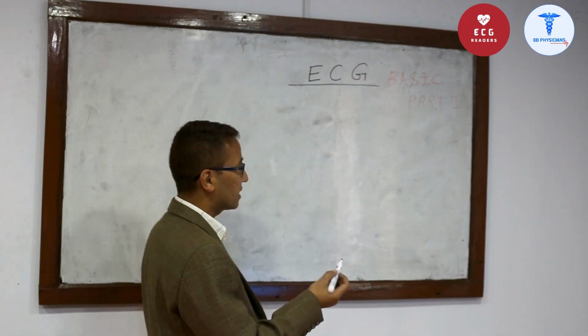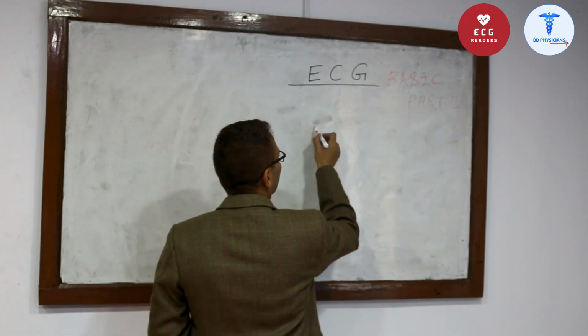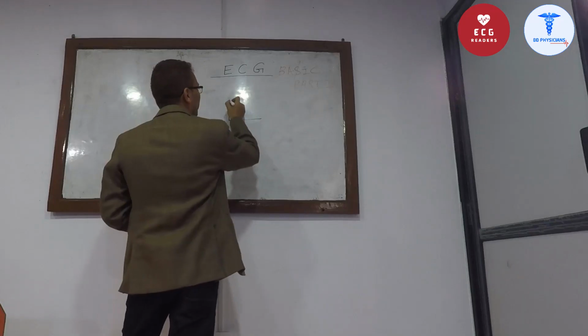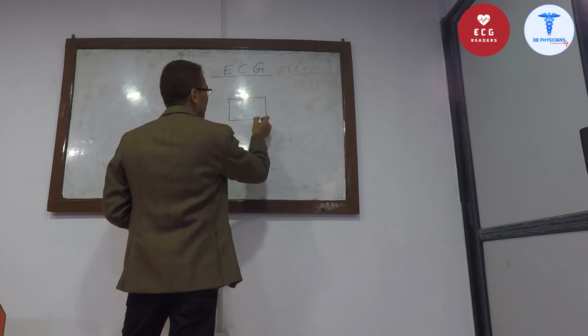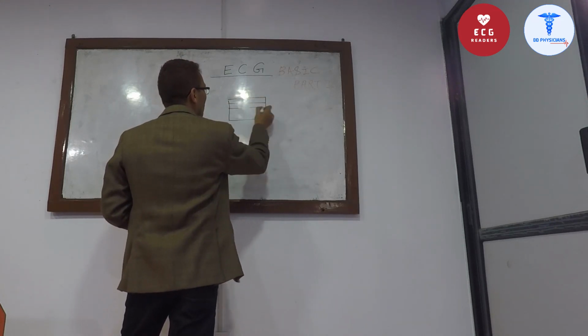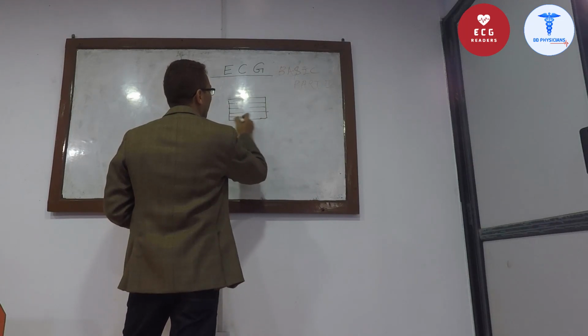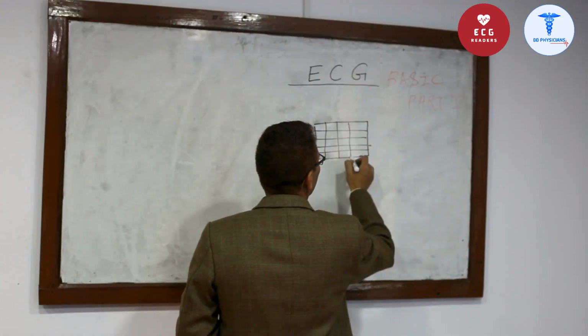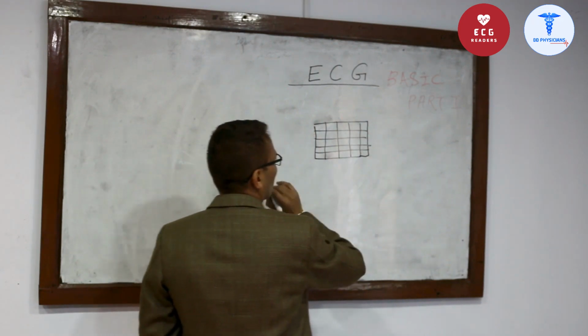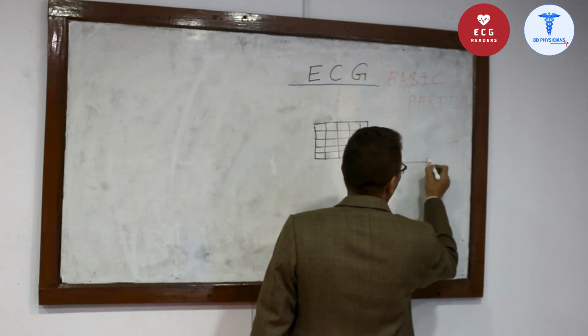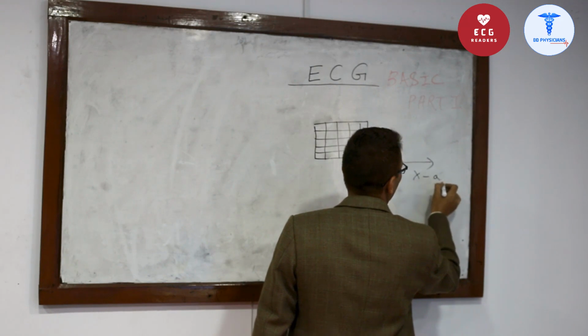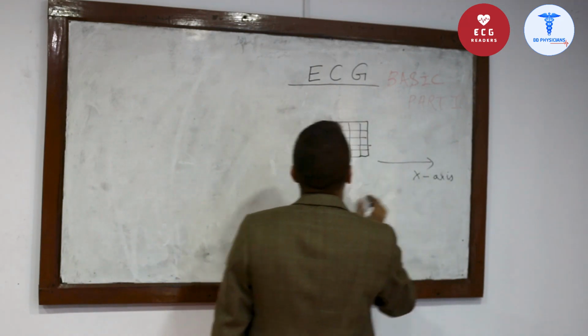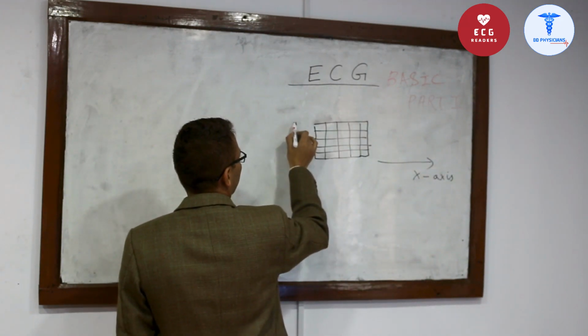So let us see the graph. Calibration of graph. 1, 2, 3, 4, and here also 1, 2, 3, 4. So this is the x-axis, and this is the y-axis. Normally the x-axis represents time and the y-axis represents millivolt.